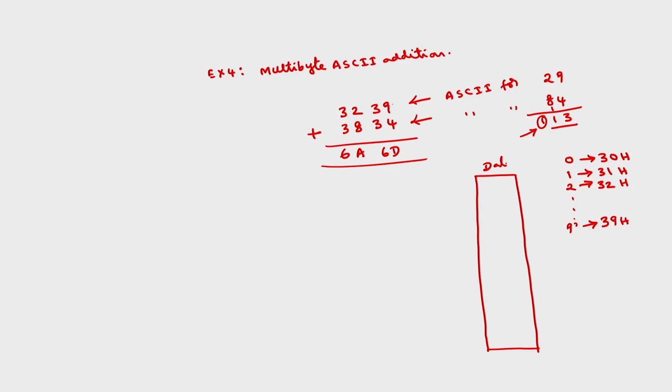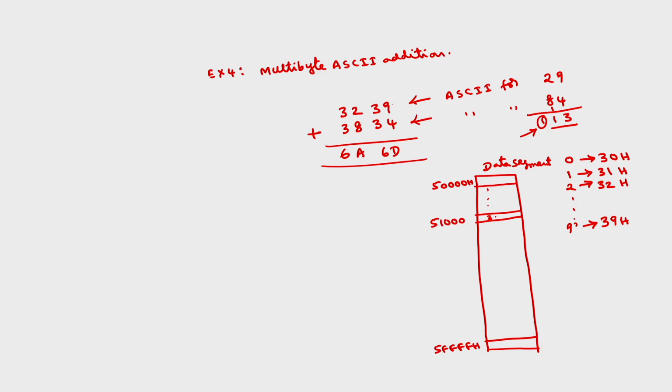Data segment 50,000, with offset of 1000, this is 51,000.